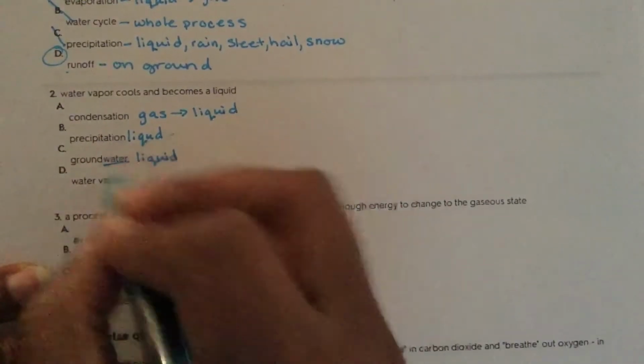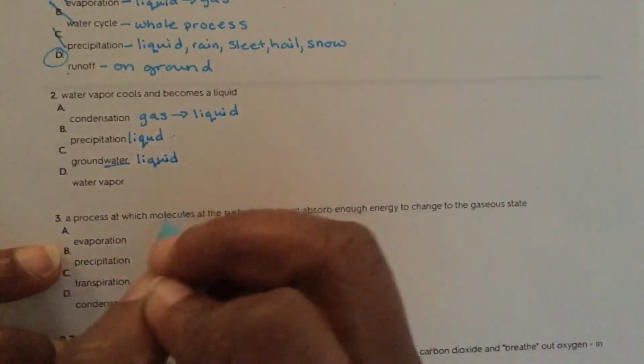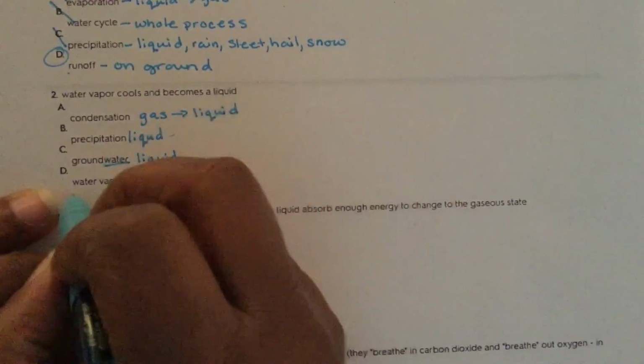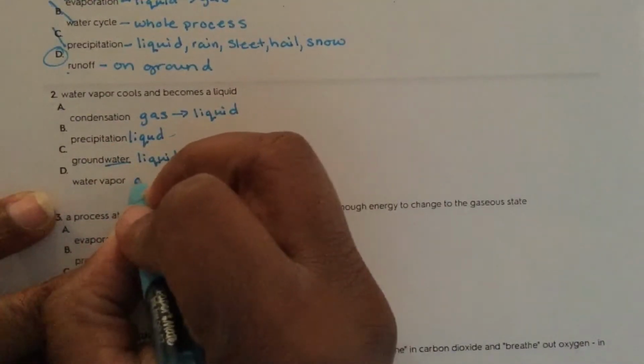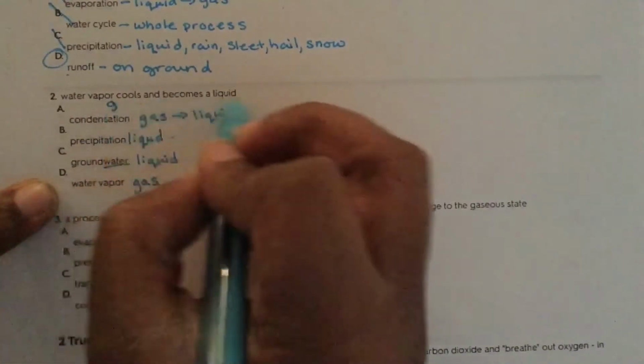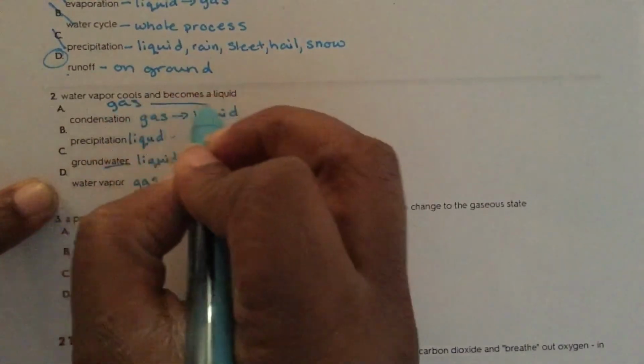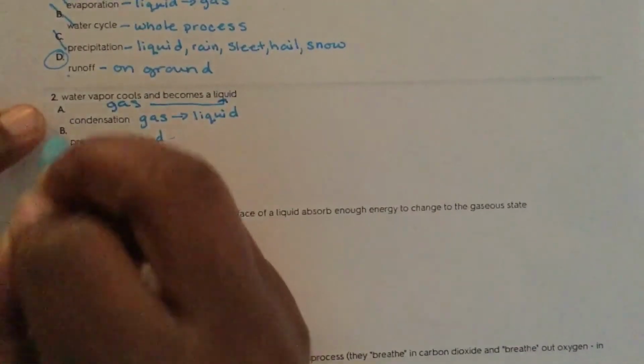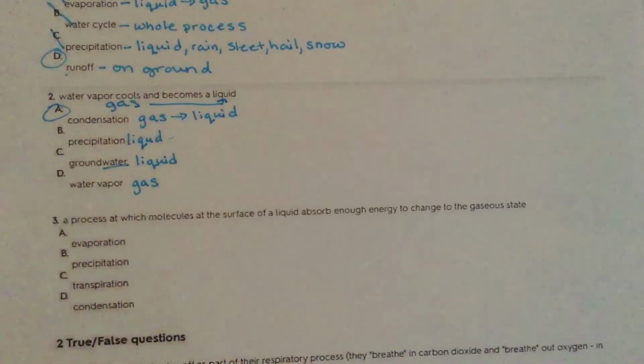But again, this one doesn't change states. It stays on the ground or in the ground. And water vapor, I know water vapor is a gas. So that tells me that my answer, because it's the only one that changes state, and since I know water vapor is a gas going to a liquid up here, the only possible answer is A, condensation.